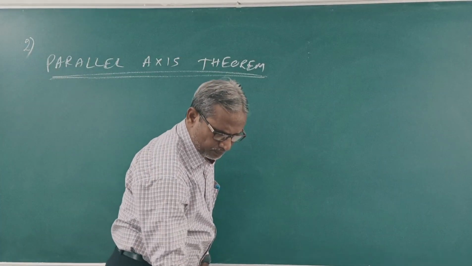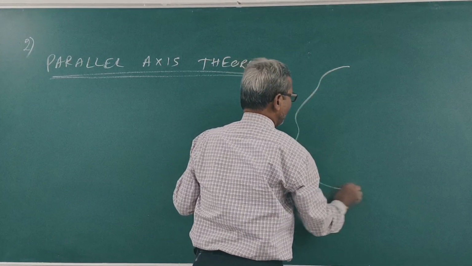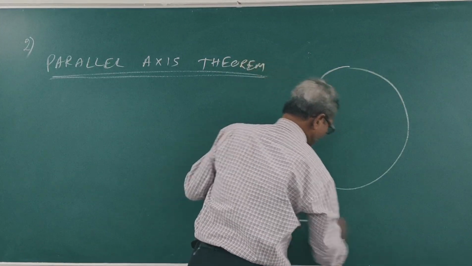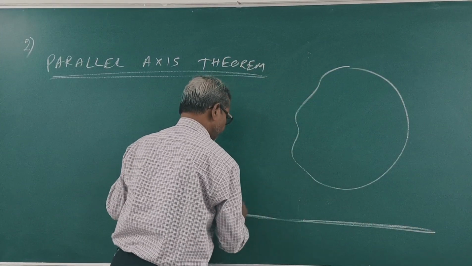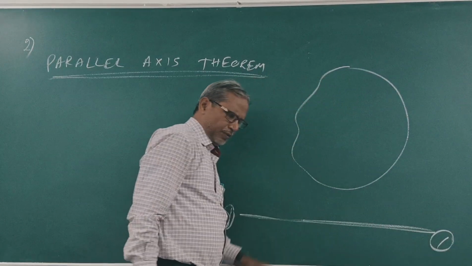Suppose this elemental area, this axis 1 1, about which the moment of inertia is required to be found.